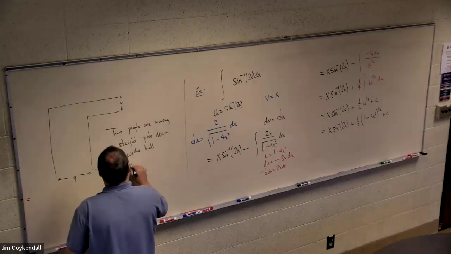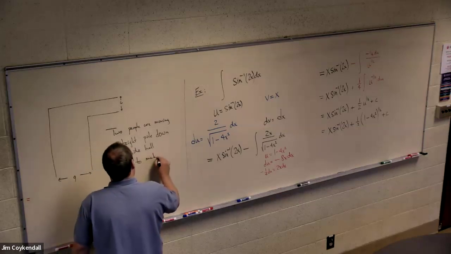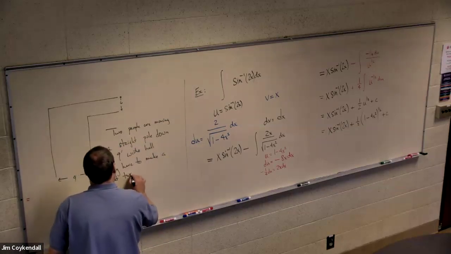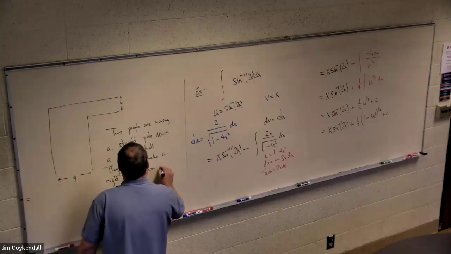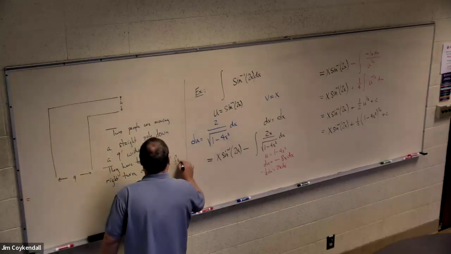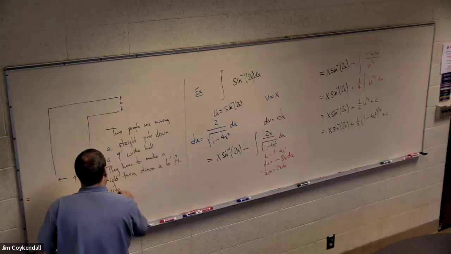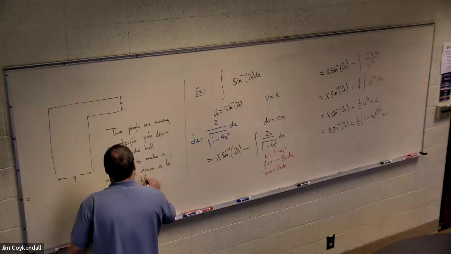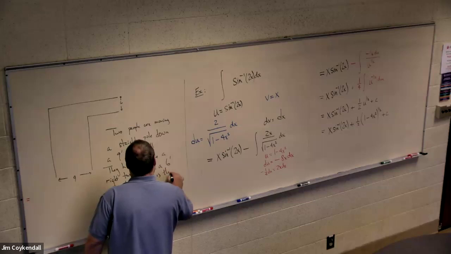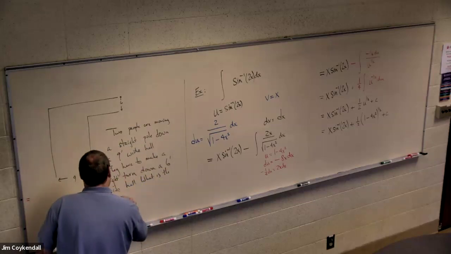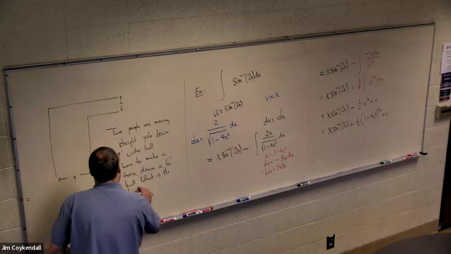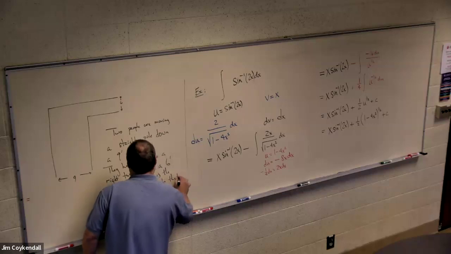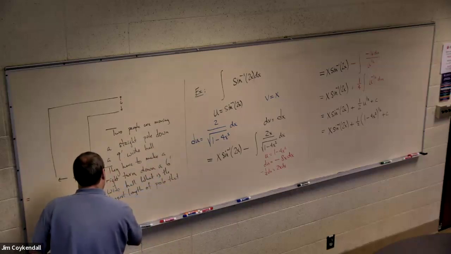They have made a right turn down a 6-foot line. What is the longest length of pole that will fit around the corner?